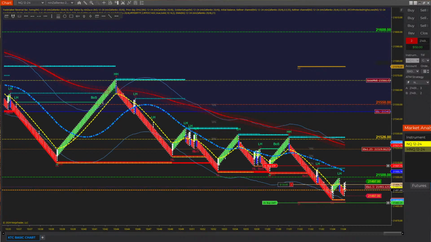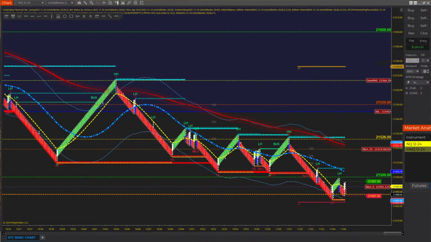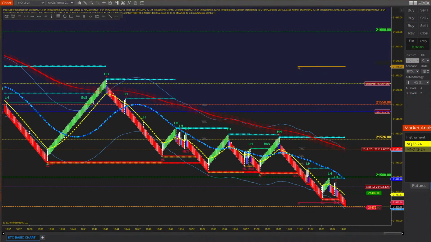Price is being erratic right now. Target filled. There we go. All right, 1560.